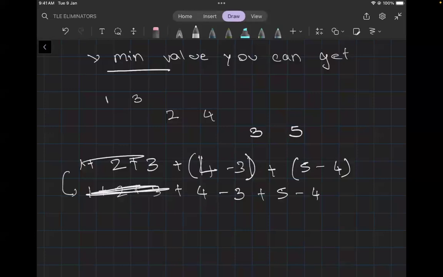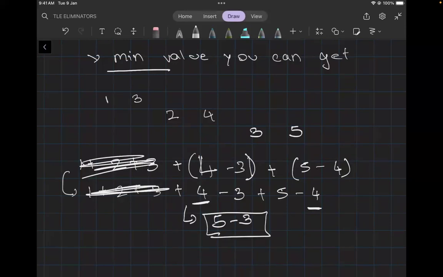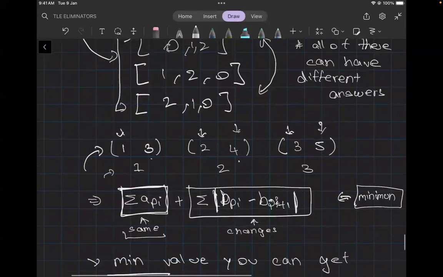This is constant. Let's forget this for a bit. Can you see that this plus 4 and minus 4 get cancelled? And what is left? It is 5 minus 3. What is 5 minus 3?